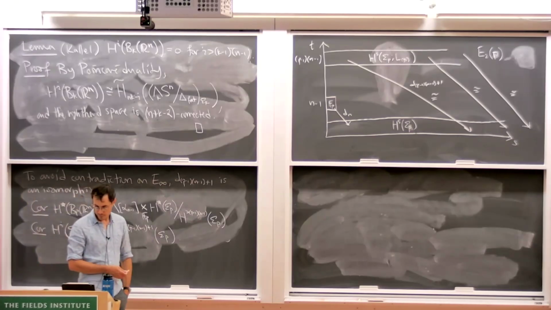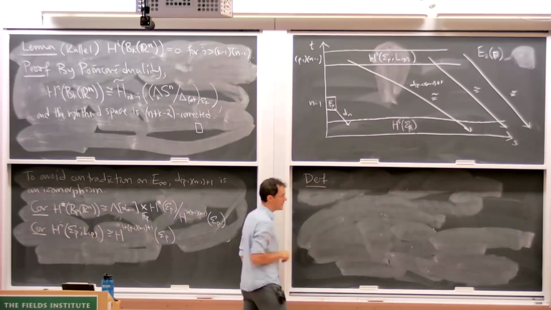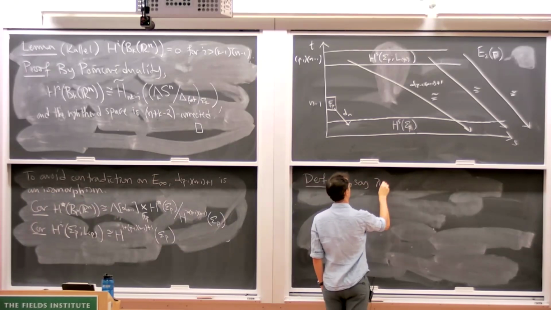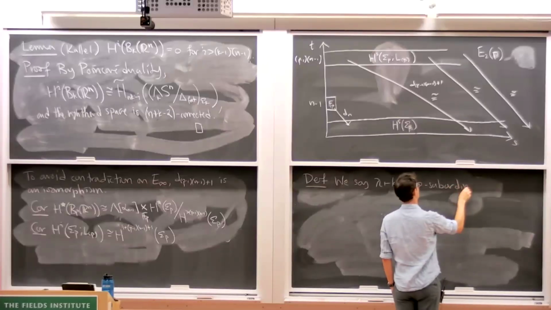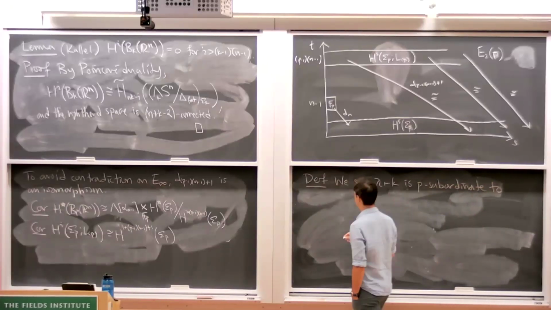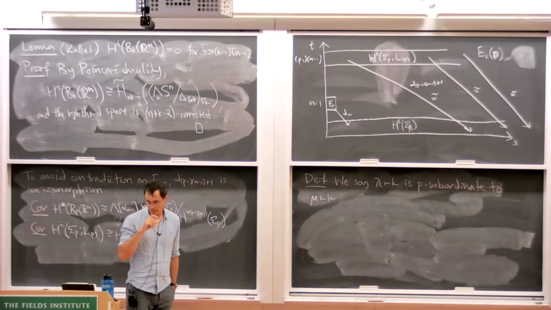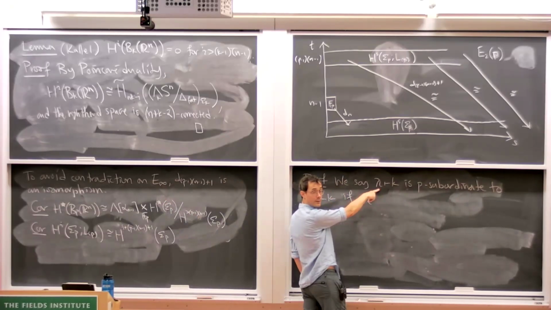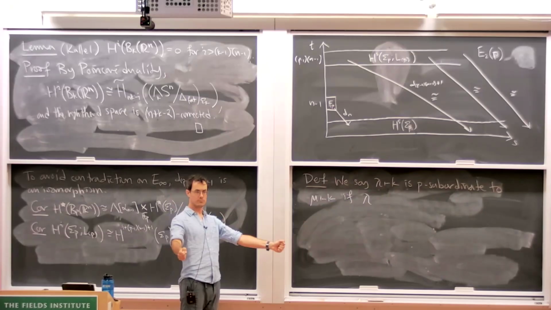But we do know something. So let me tell you something that we know. I'm going to give you a definition first. We're going to say that a partition lambda of k is p-subordinate to another partition mu of k, p is the prime of course, if I obtain lambda by splitting a block of mu into p equal pieces.